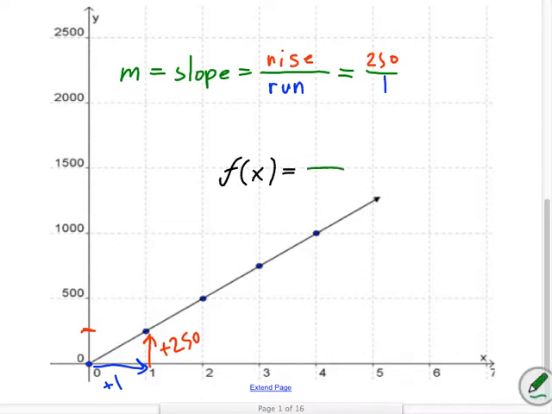In front of the x, right? So my slope is going to be the coefficient in front of my x, or when I'm multiplying to my variable x. Now, this function, since it goes through the origin, I don't have to make any adjustments, remember? Okay, I could put plus 0 and it doesn't change a thing. It goes through 0. If I plug in x as 0, y will be 0. Okay, so that's my function.